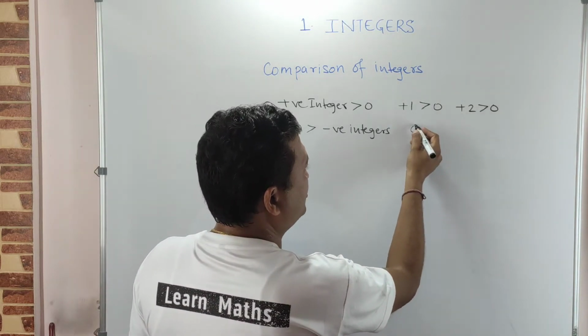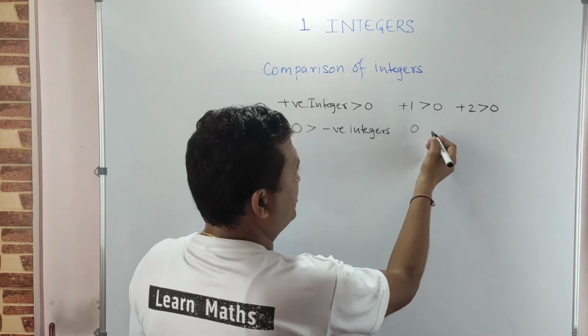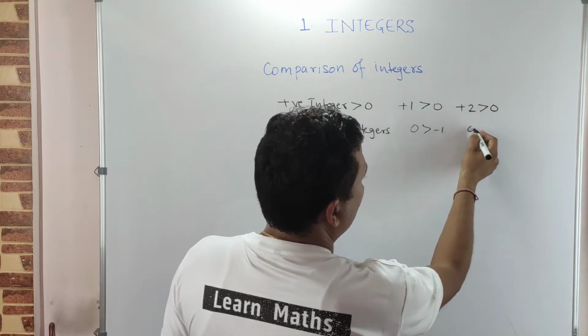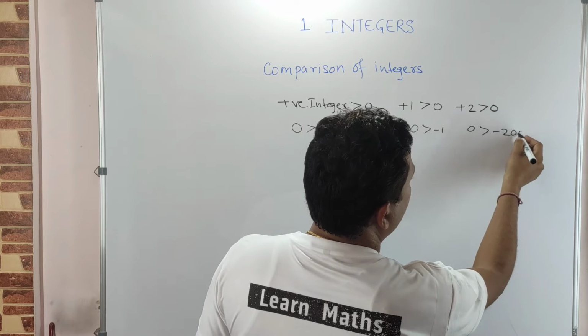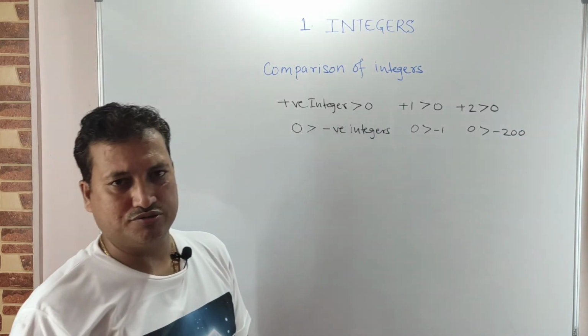Okay, 0 is greater than each negative integer. 0 is greater than -1, 0 is greater than -200, 0 is greater than -1000.